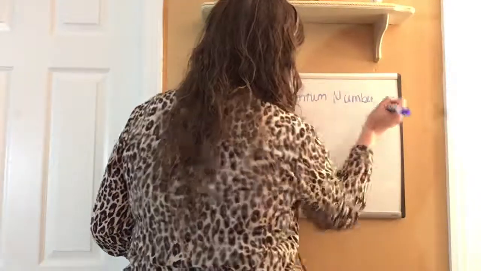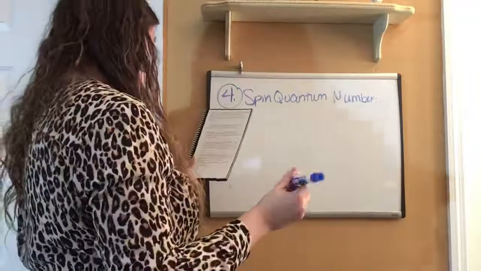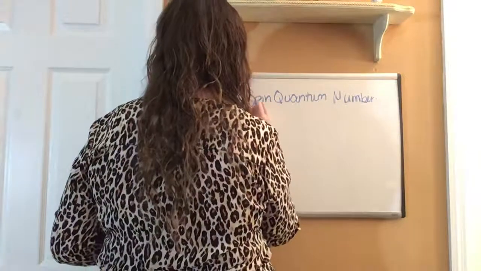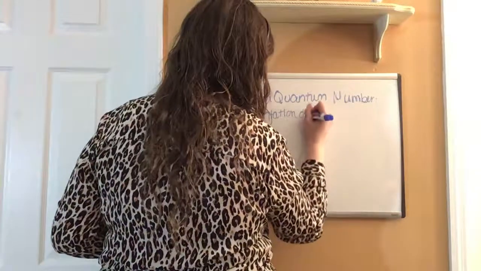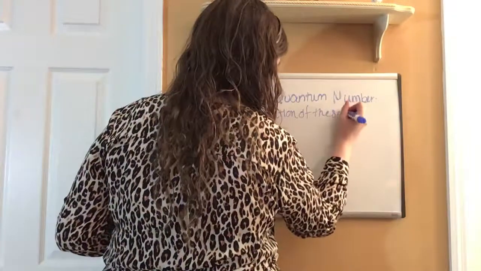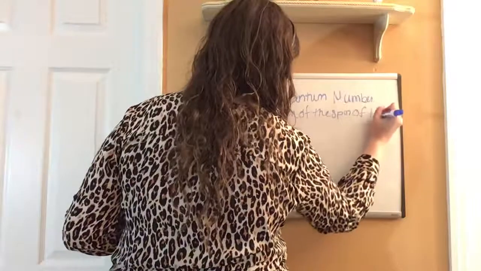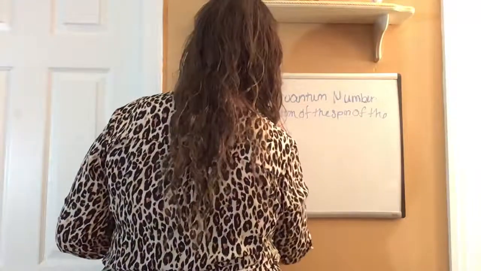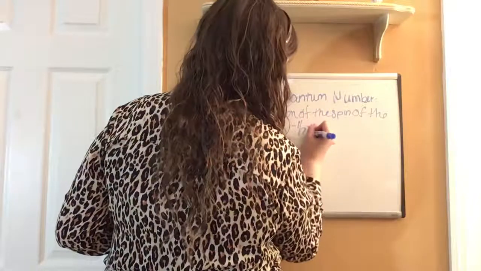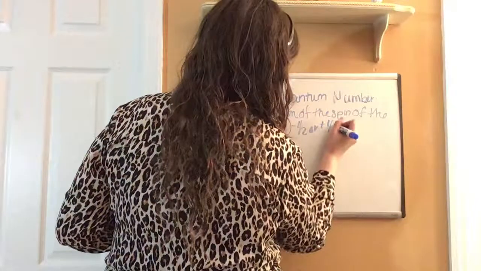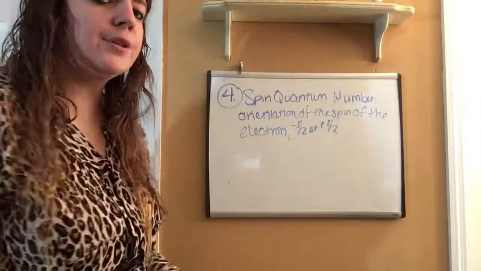And this just determines the orientation of the spin of the electron. Either 1/2 or -1/2. Those are the only two numbers that you can get for that one.